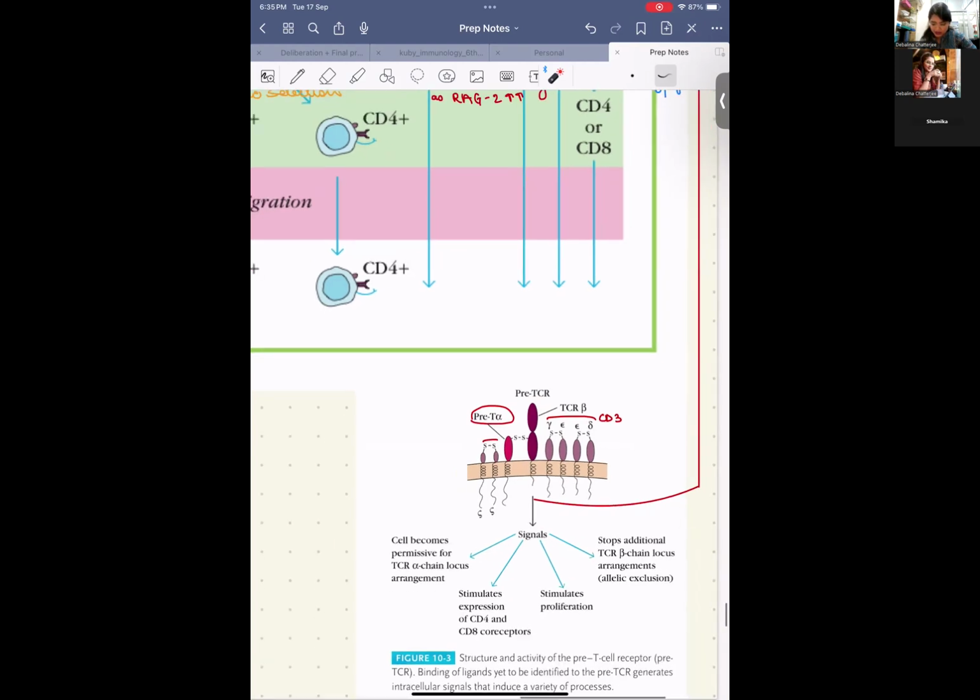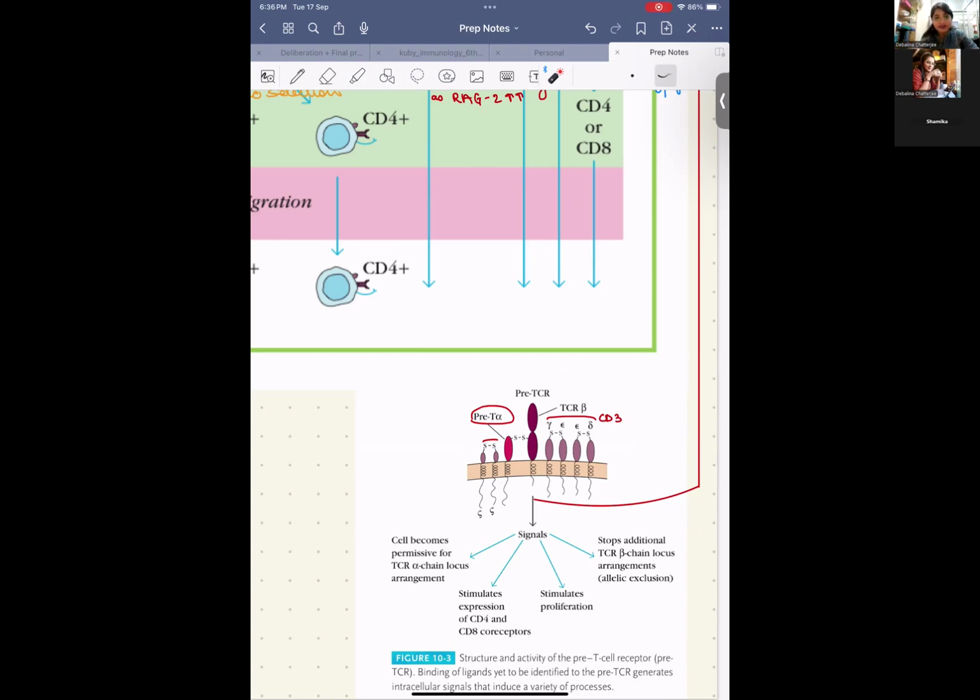This association gives very important signals that have multiple roles to play. The first signal is that it stimulates proliferation. As you would remember, multiple V segments can join with any of the multiple D segments, and similarly for the J regions.